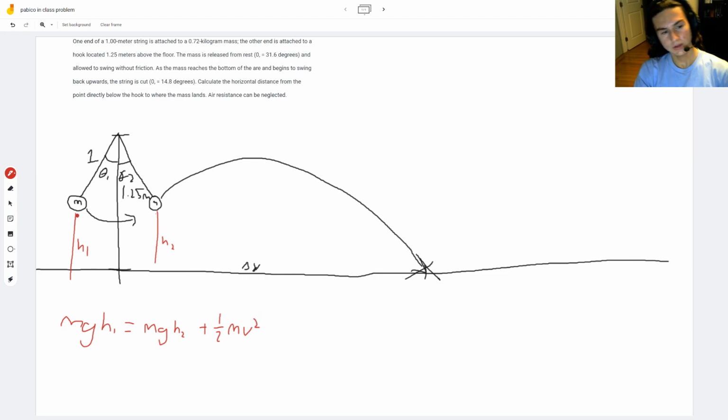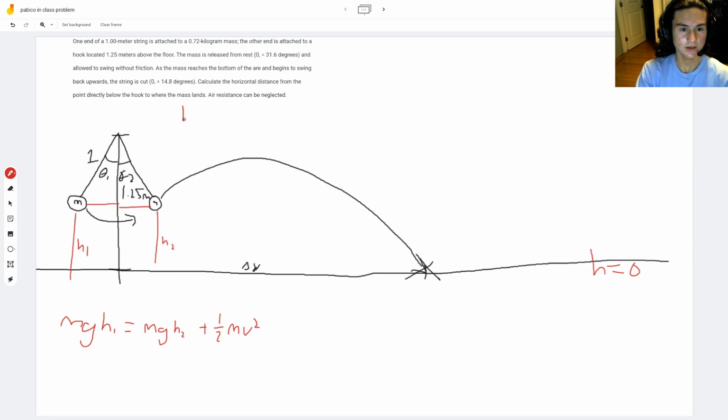So how do we calculate the height? Well, it says it's 1.25 meters above the floor, so if we say this is h equals 0, we know that this is going to be 1.25 minus the cosine of angle 1, and then the cosine of angle 2, but subtracted from 1.25.